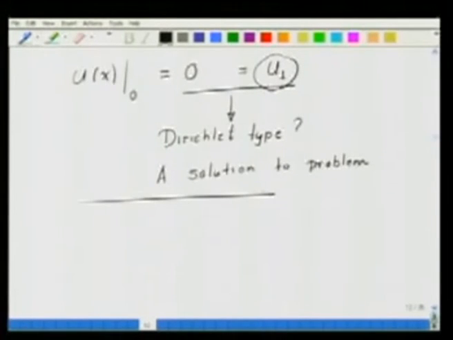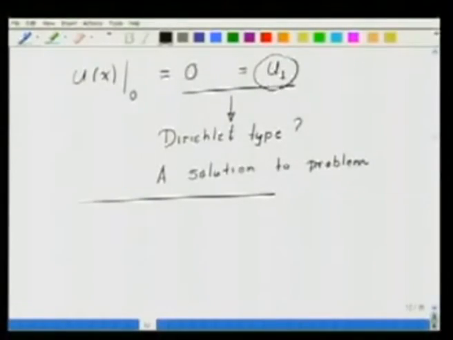So you see that there was a very important issue that we have tackled here, that is, a solution to a problem may not exist. That is, if I apply the loads wrongly or if I apply my boundary conditions wrongly, I will get a garbage solution. So let us look at another problem which has a little different boundary condition.